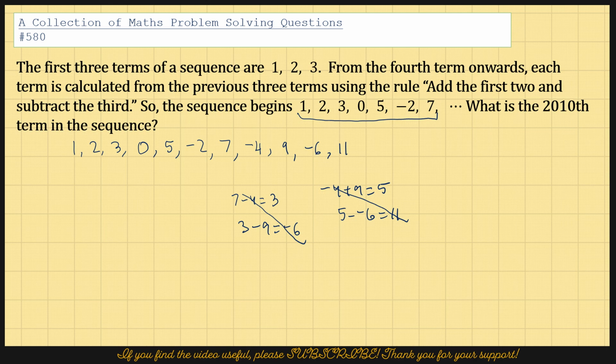Then 9 minus 6 is 3, and 3 minus 11 is minus 8. So we'd have minus 8, and then minus 6 plus 11 is 5, and 5 minus 8 is 13. So I'd have 13, and so on.